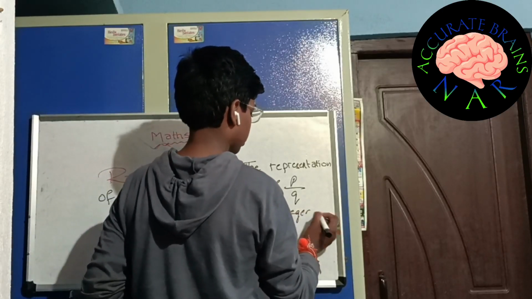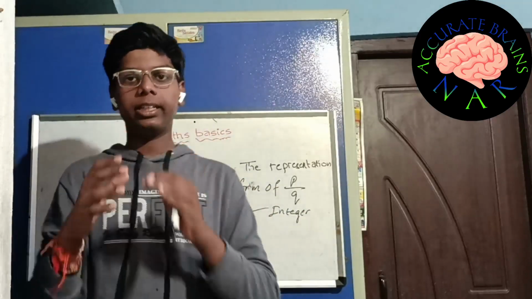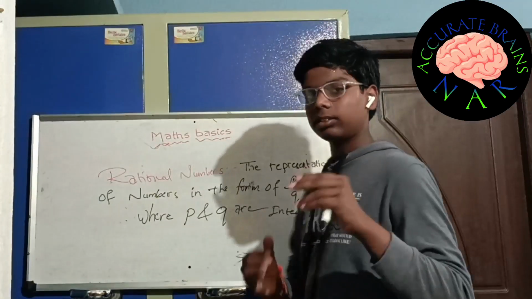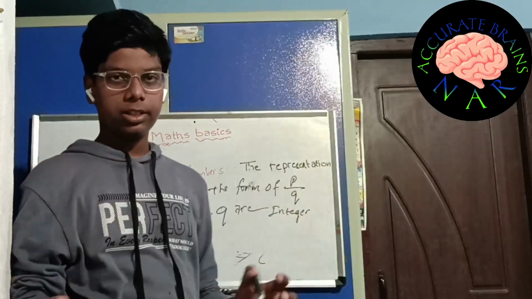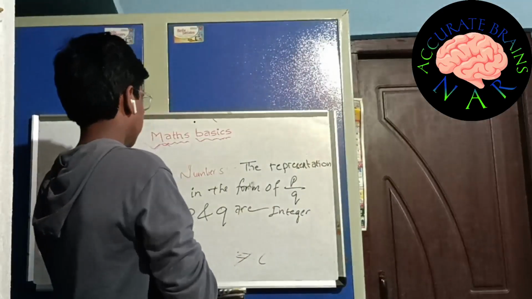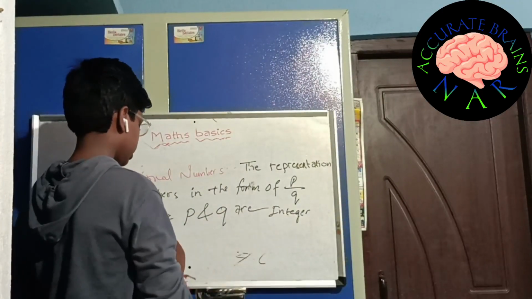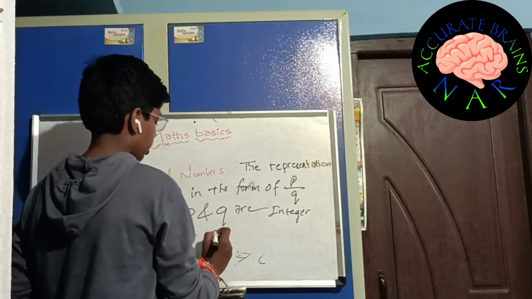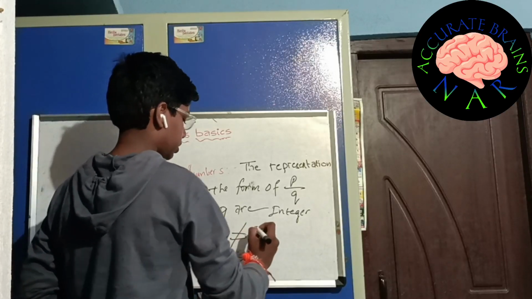As we discussed in the previous topic, integers are the set of positive and negative numbers including 0. So where p and q are integers, but q is not equal to 0.